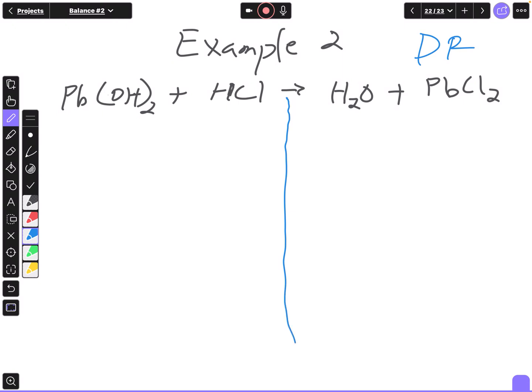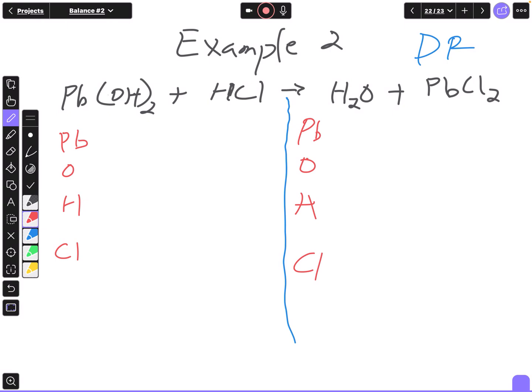Now I'm going to write down the elements to make this up. I have lead, I got Pb, I have oxygen, I have hydrogen, and chlorine. And it's going to be like that on each side. And then I want to count how many I have on each side.